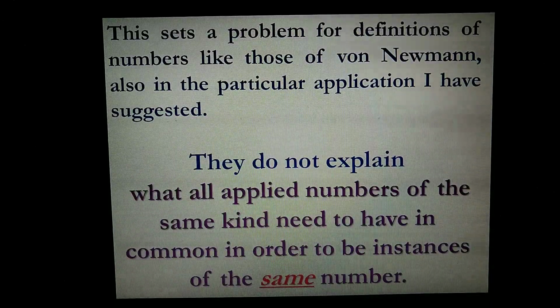This sets a problem for definitions of numbers like those of von Neumann, also in the particular application I have suggested. They do not explain what all applied numbers of the same kind need to have in common in order to be instances of the same number.